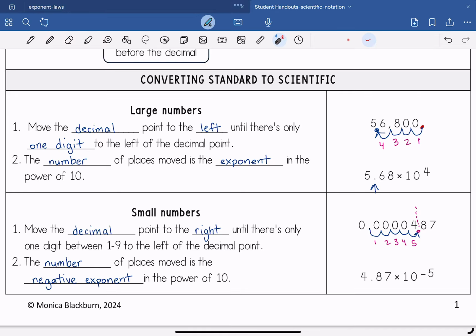Let's look at step 2. The number of places moved is the negative exponent in the power of 10. We moved 5 places, so the exponent becomes negative 5. So we write 4.87 times 10 to the power of negative 5.